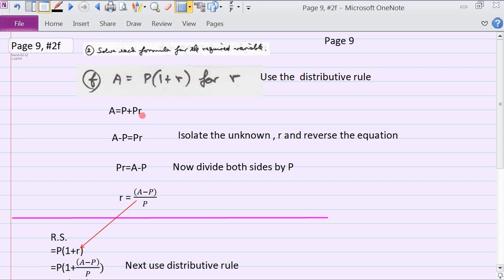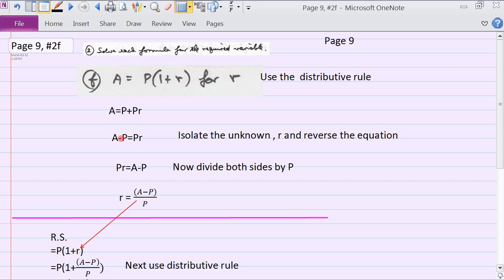And now I'm looking for R, what R is. So I'm going to isolate the PR on the right-hand side here, move the P from the right to the left, and when I do that, I've got plus P on the right.